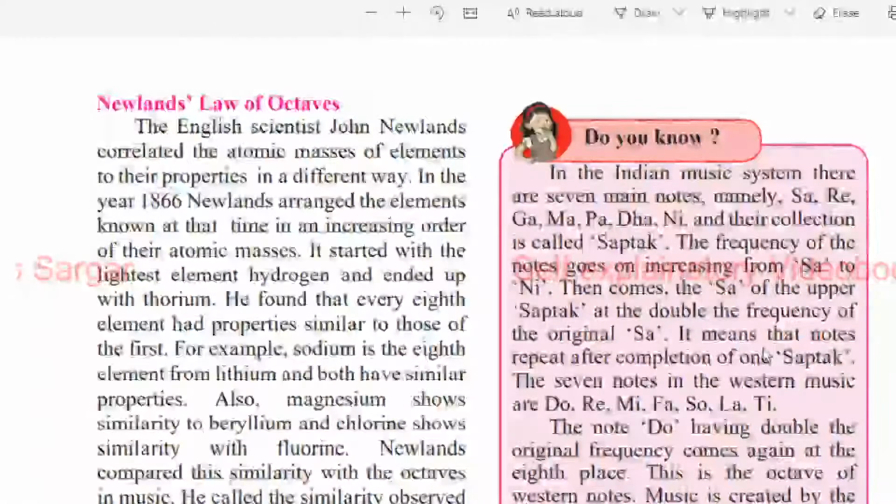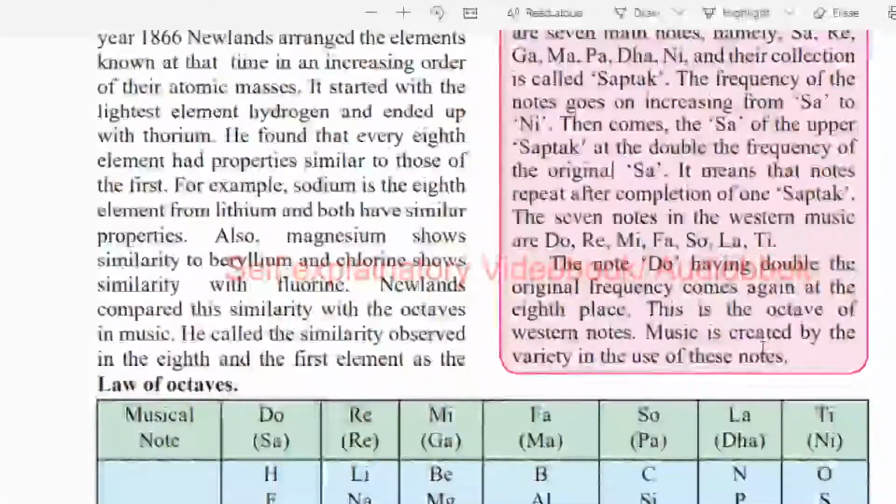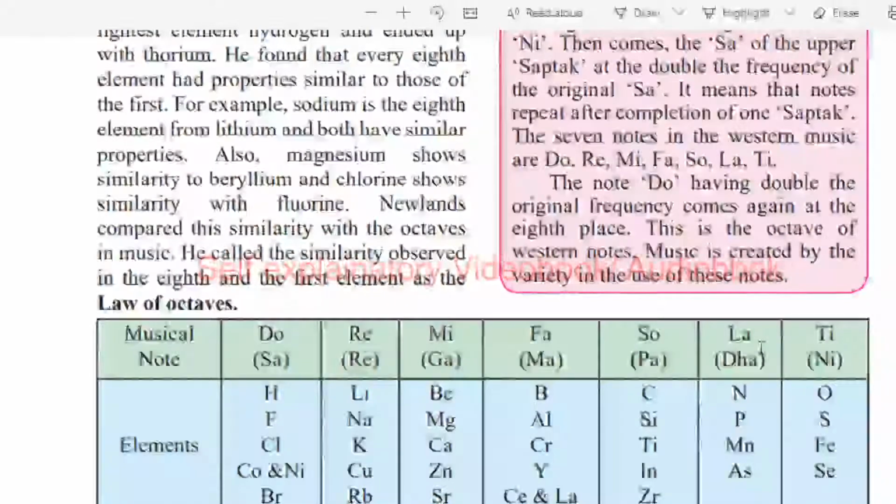For example, sodium is the eighth element from lithium and both have similar properties. Also, magnesium shows similarity to beryllium and chlorine shows similarity to fluorine. Newlands compared this similarity with the octaves in music.